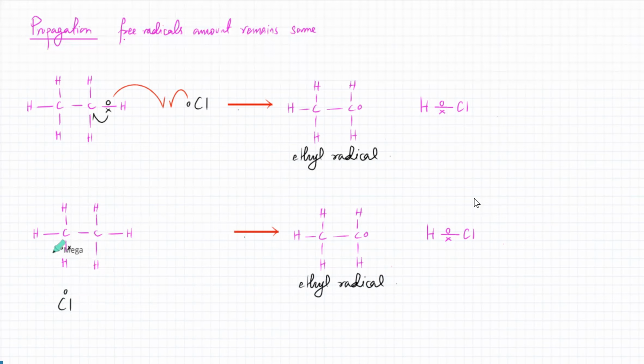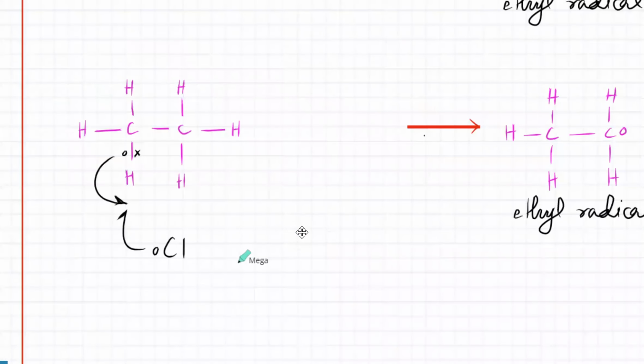Okay, उसके electron को, it goes and pulls that electron towards itself, and the Cl comes along and bonds with that electron. So the point I'm trying to make is that it could be any hydrogen atom that the Cl could attack, and the carbon would get its electrons back.